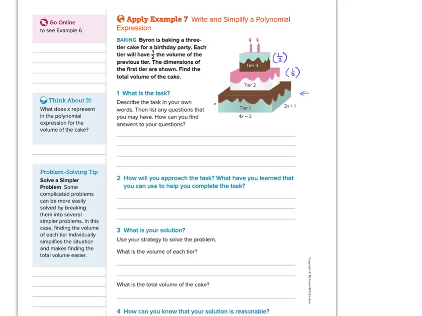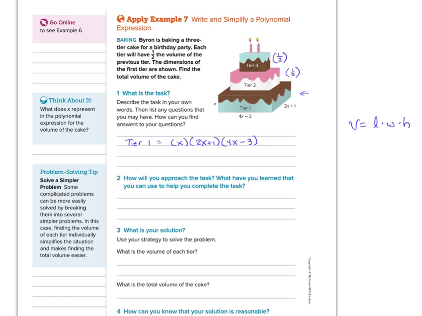So I know tier 1, let's go with tier 1 is equal to volume, right? You have to remember volume is length times width times height. So x times 2x plus 1 times 4x minus 3.